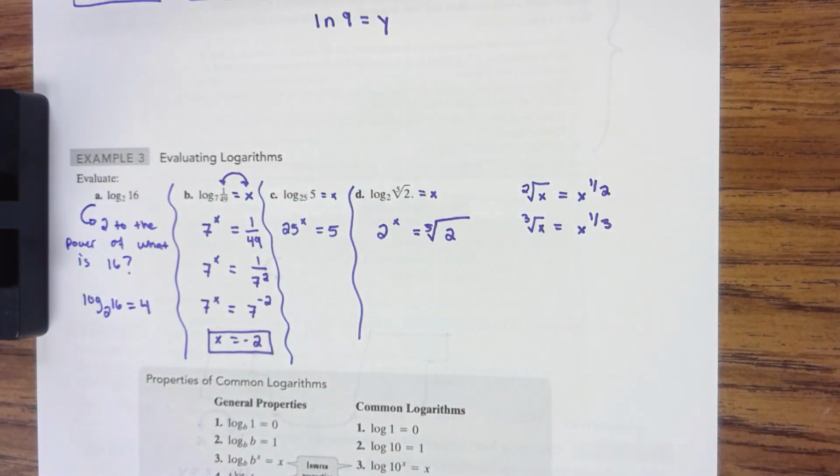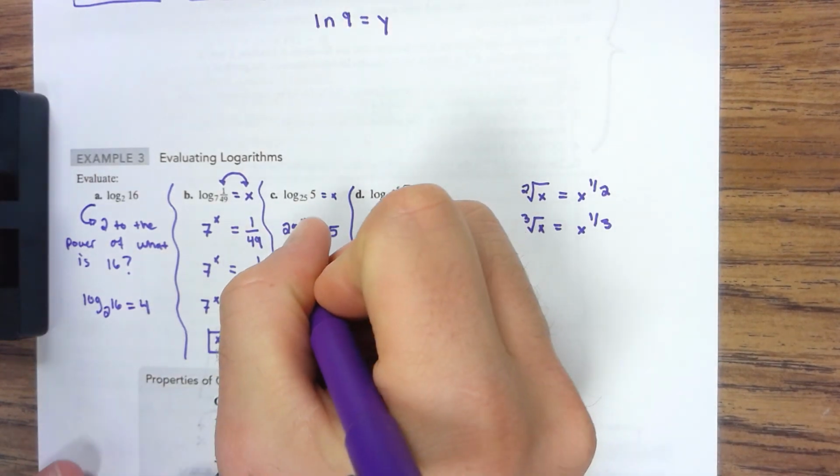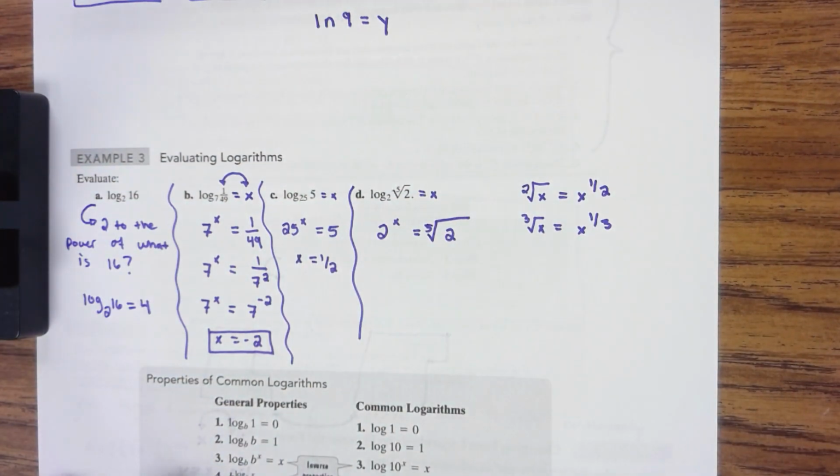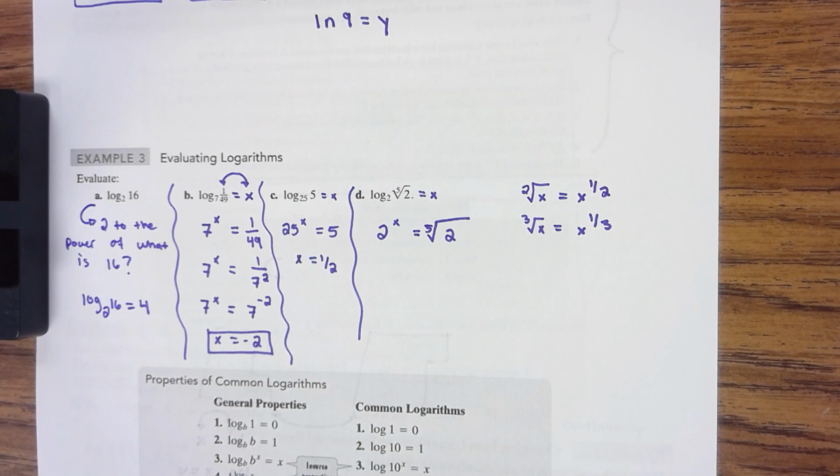So fractional exponents are really us taking roots. Whatever the denominator is the root that we're taking. So when I look at this, I'm like, oh, I know the square root of 25 is 5, meaning that x needs to equal 1/2. 25 to the power of 1/2 is us taking the square root of 25, which is 5.